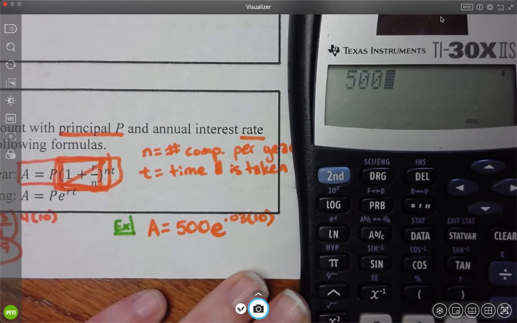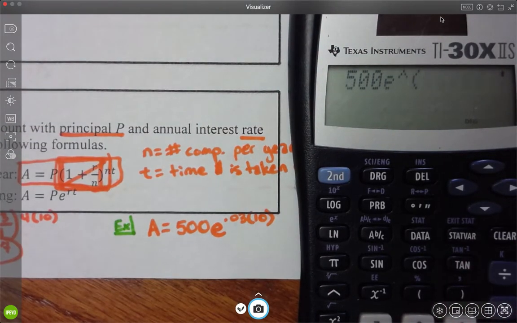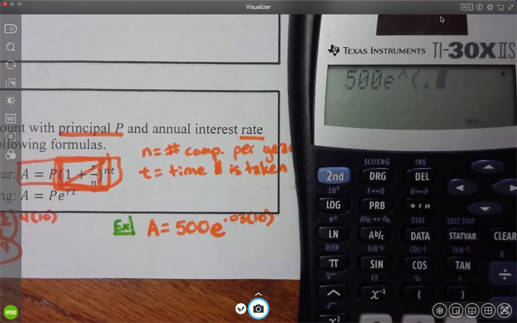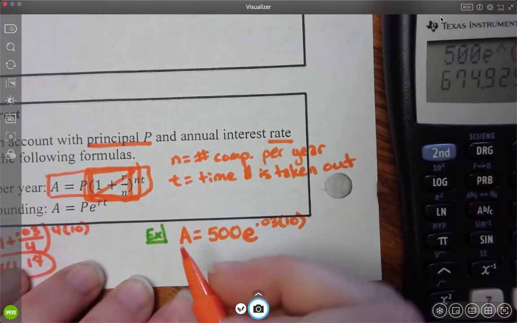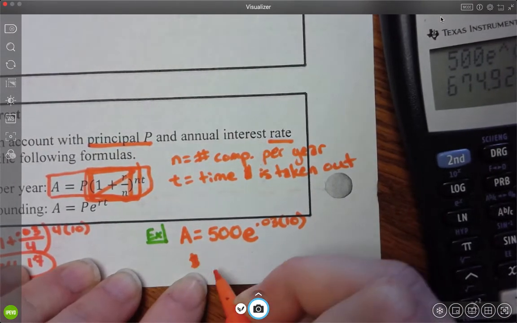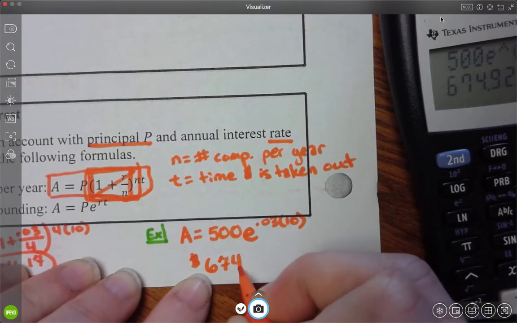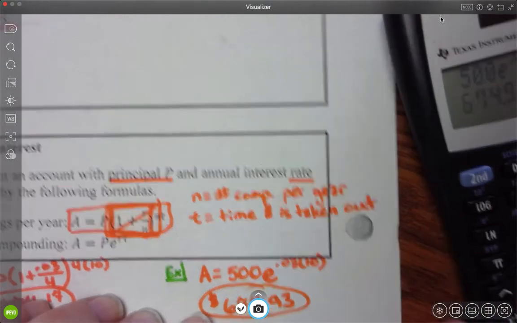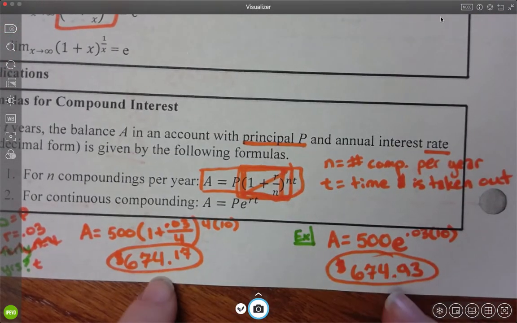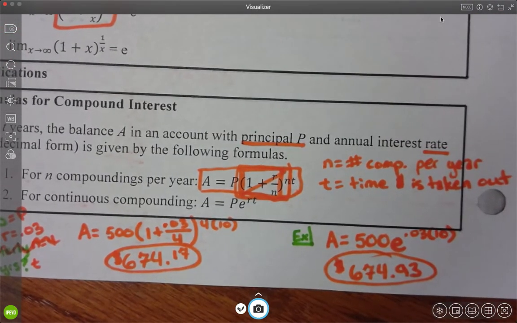So 500, second E, and I have 0.03 times 10, close parentheses. Okay, and that's going to end up making me, oh, really not a whole lot more than that, $674.93. Whoop-de-doo. So it's really not a whole lot of a change between quarterly and continuous compounding, but it's maybe 76 cents more, okay?